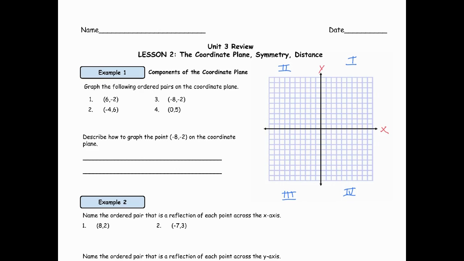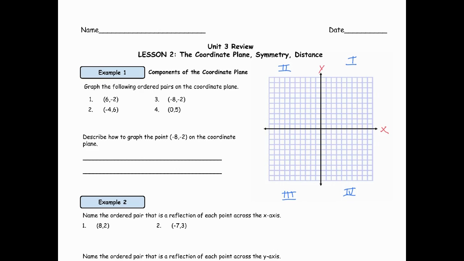The first one is 6, -2. So looking at the ordered pair, the first coordinate, the x-coordinate, is a +6. And reminder, our horizontal axis is the x-axis. So what that means with the +6 is we're going to start from the origin and we're going to go to the right 6 units.